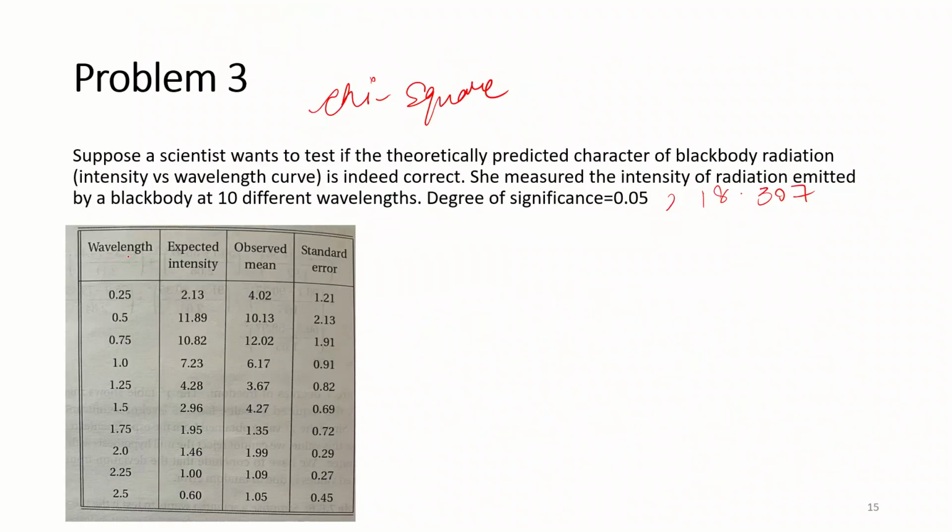So here you have two, na? Whenever it is written, the chi-square I've already written. It's like when they tell you to find the goodness of fit, like here it is written whether the relation is indeed correct or not, then you have to find the chi-square.